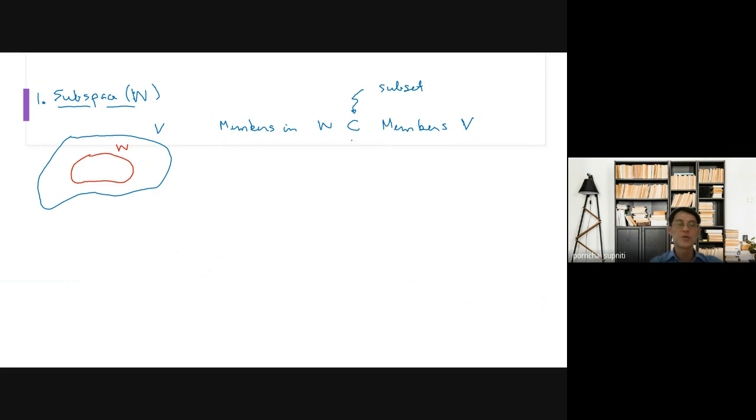In a way, the number of members in W has to be less than or equal to the number of members in the vector space. Or we can say that W is a subset of V, for example. Since W is a subset of V, there are certain properties that it has to satisfy, and they will include properties such as closure that we saw before.